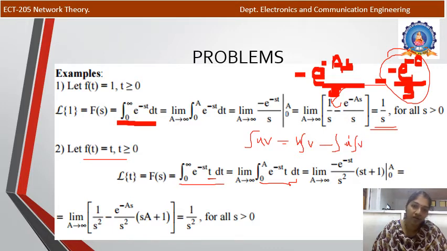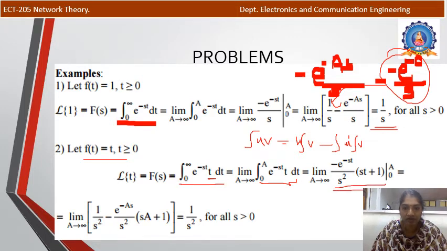You apply this here, and we get expressions like this: u is equal to e raised to minus st and v is equal to t, right? So here u is e raised to minus st, integral of v, integral of t is t squared by 2, minus integral u dash, where u dash is e raised to minus st into minus s, right? That will be simplified like this.